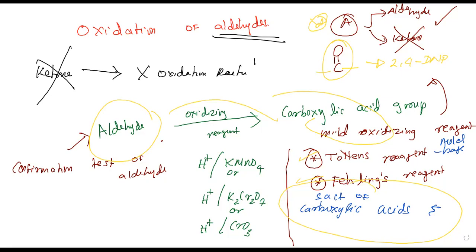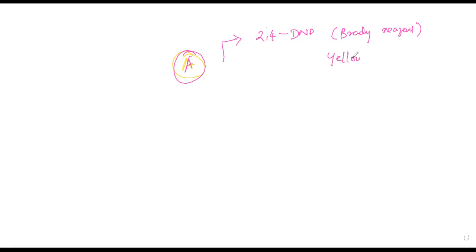So again, imagine you have compound A. Compound A gives an observation when you use 2,4-DNP: yellow or orange.